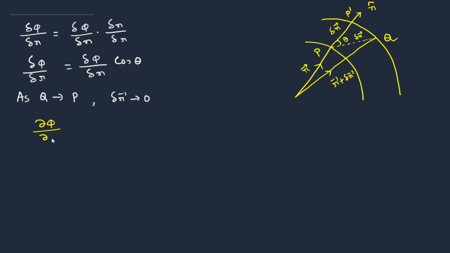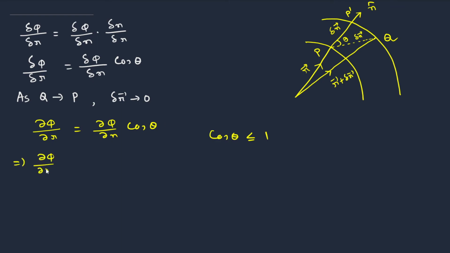Del phi by del r is equal to what? Del phi by del n, and then cos theta, right? What is the maximum value of cos theta? The value of cos theta is less than or equal to 1.